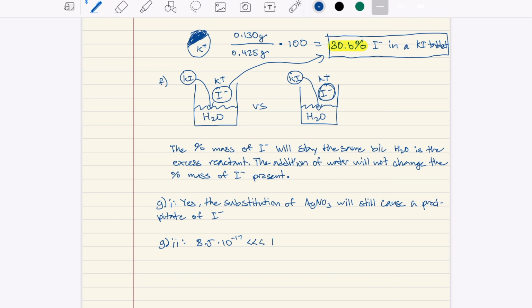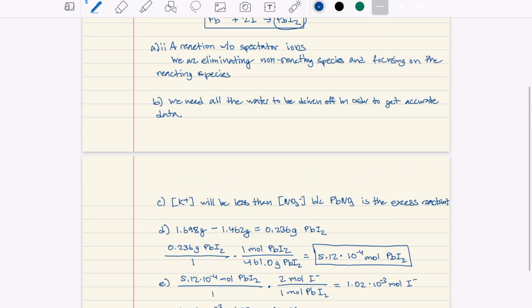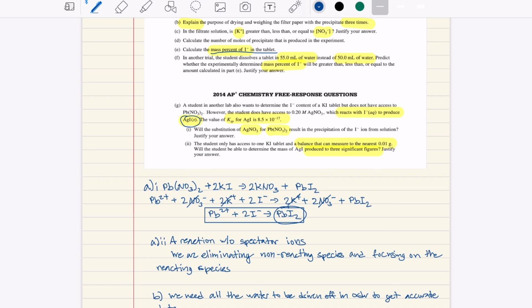Which basically means that when the AgI precipitates, it's going to produce a precipitate of much less than 1 gram, because of the Ksp value. The Ksp is the constant for the solubility product, so this small number tells us that the precipitate is going to be really light.